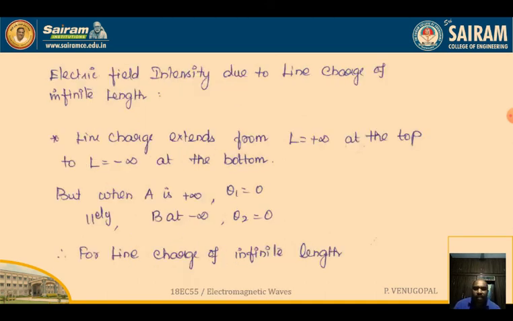Now consider the electric field intensity due to a line charge of infinite length. When L ranges from plus infinity to minus infinity, at A theta 1 is equal to 0 and at B theta 2 is equal to 0. Now replace theta 1 and theta 2 by 0.